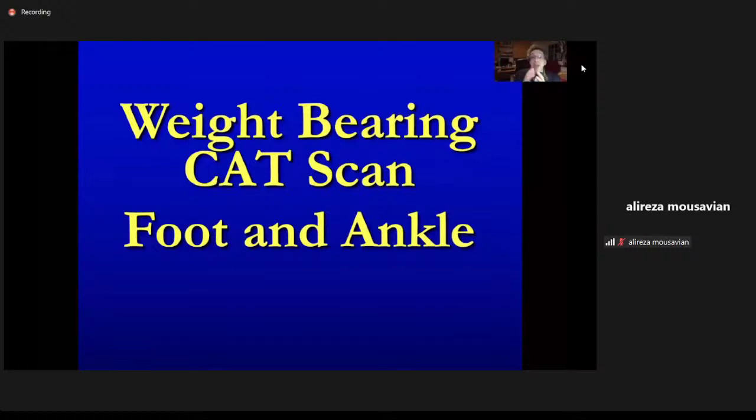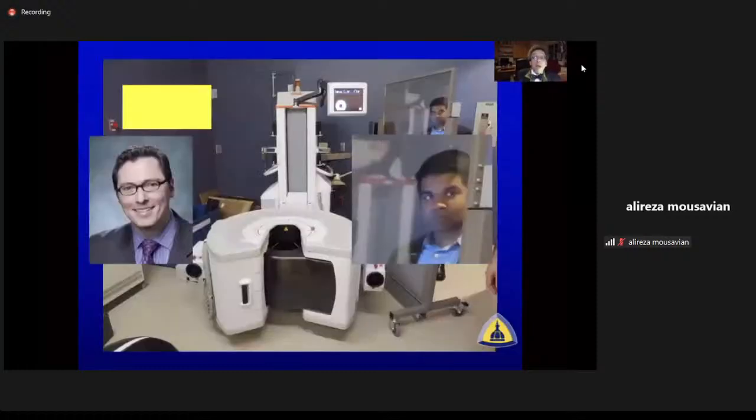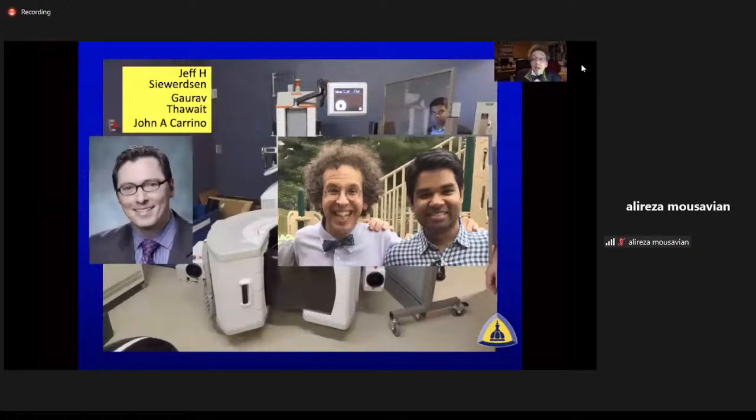So the weight-bearing CAT scan will generally show us that it is functionally intact or functionally not intact. So if we have a weight-bearing CAT scan, we could see the effects of the torn syndesmotic ligaments.